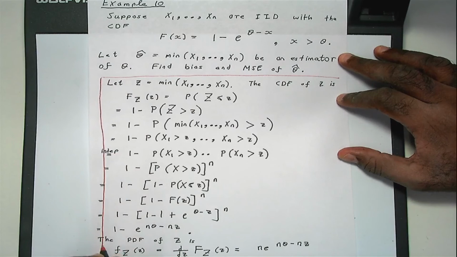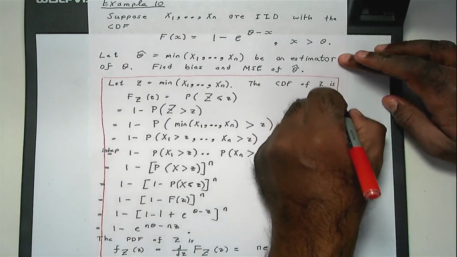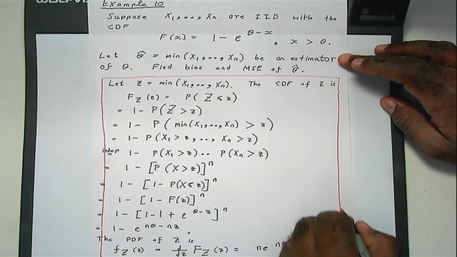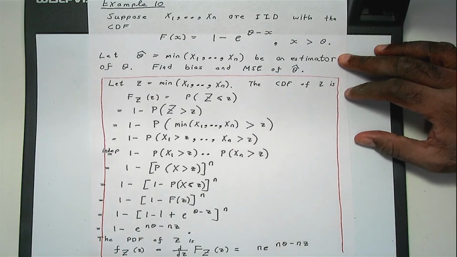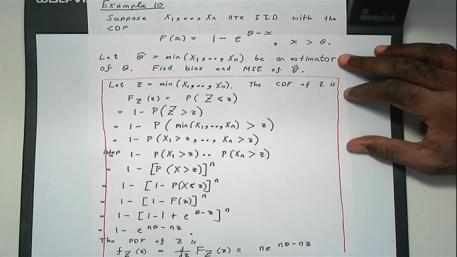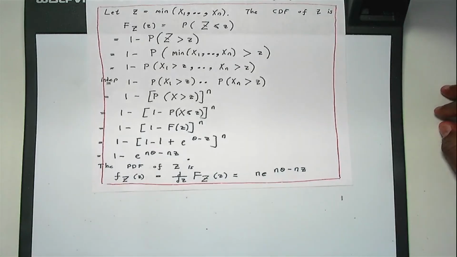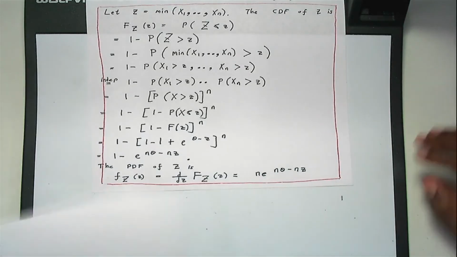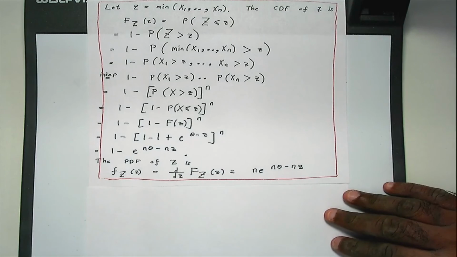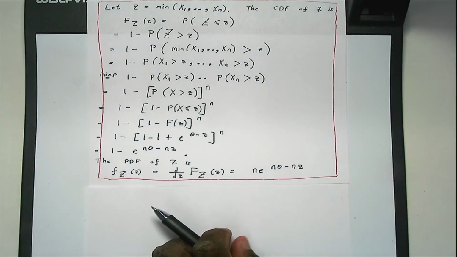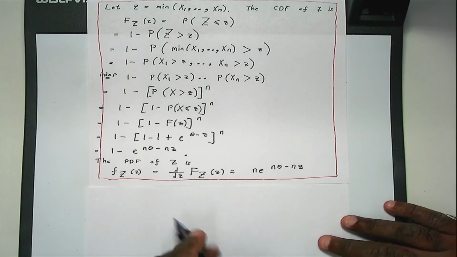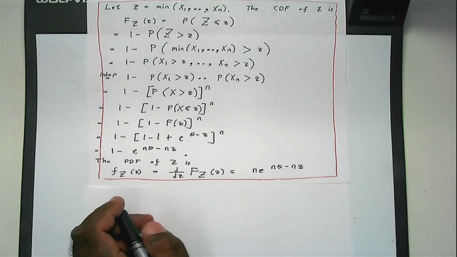So let me put this in a box, just to highlight what I have done. Okay, so we have found the CDF of z and the PDF of z. Now we can return to the question, which is to find the bias and the MSE of theta hat.